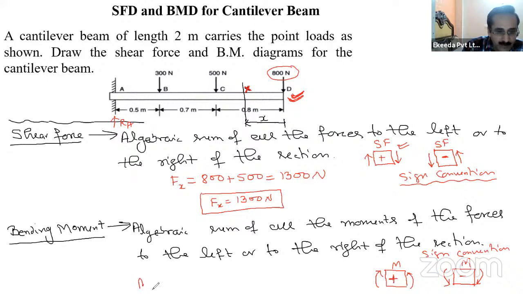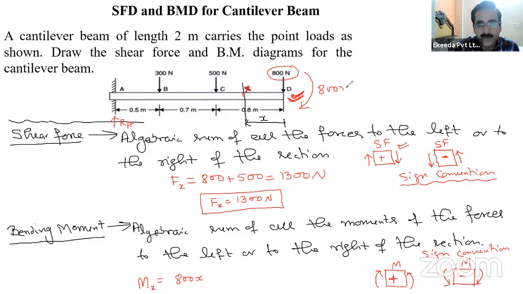So bending moment at X section will be equal to the moment of 800 about X. The distance is X, so this is 800 multiplied by X. And then you have to see whether it is clockwise or anticlockwise. It is clockwise. You can see here, this 800 will make a clockwise bending moment, right? 800x.